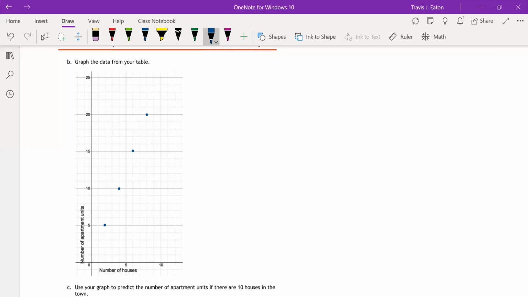So we were able to graph this data with a scatter plot. Now let's put a line through that. Now they don't have to be connected because obviously you're not going to have 2.5 houses. So we wouldn't have a continuous line. It would have to be a dotted line. But that's why I'm making it a different color.